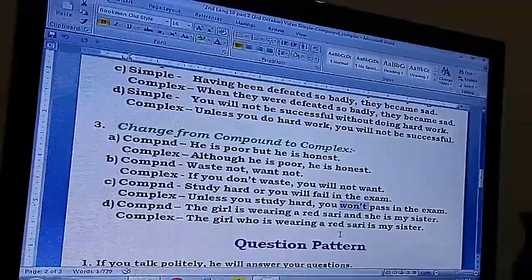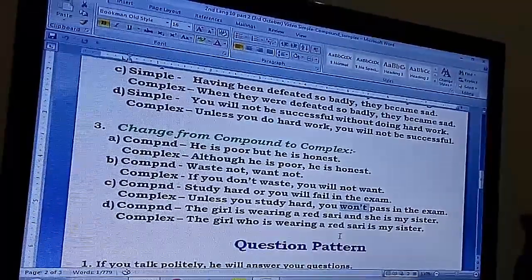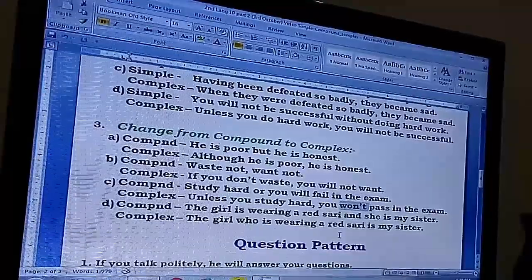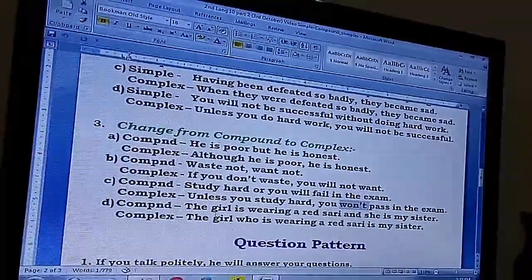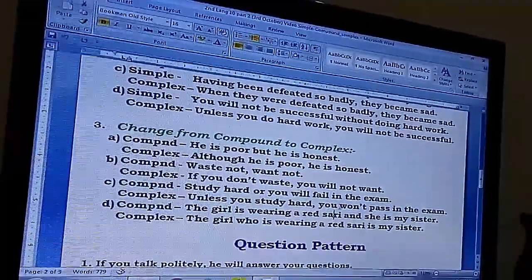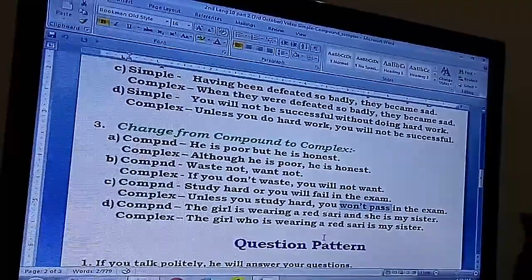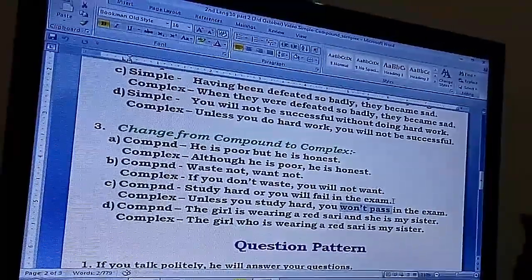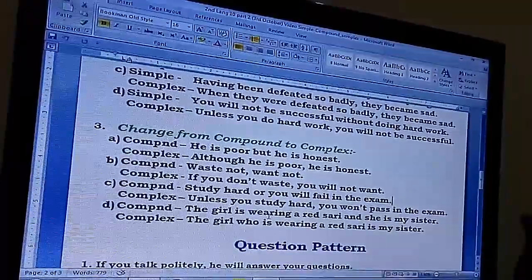So: Unless you study hard, you won't pass in the exam. Please note it in your mind or in your paper. If you use "unless" here, in the second part you have to bring one negative so that both the negatives fuse and come back to square one, making a positive sense.